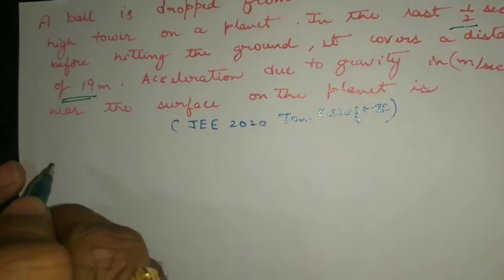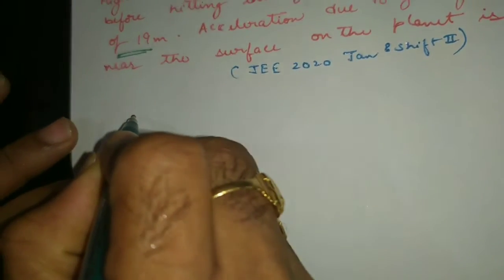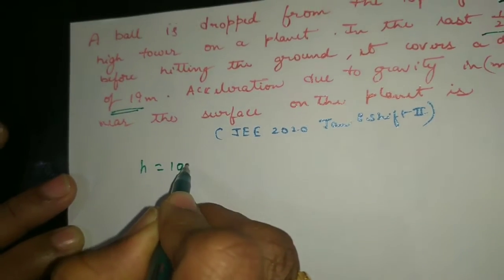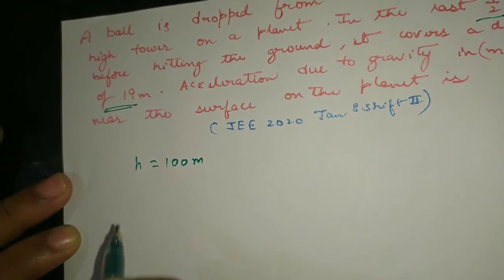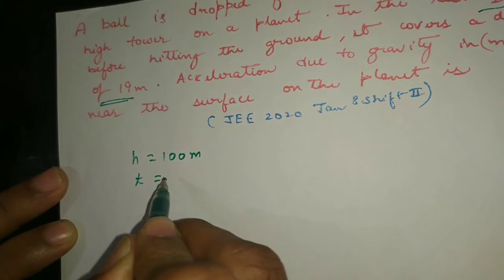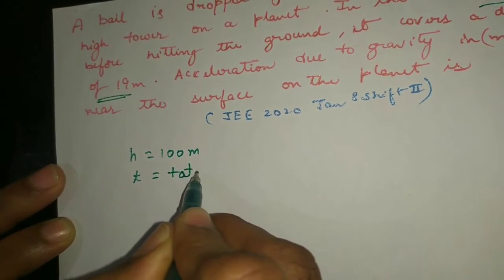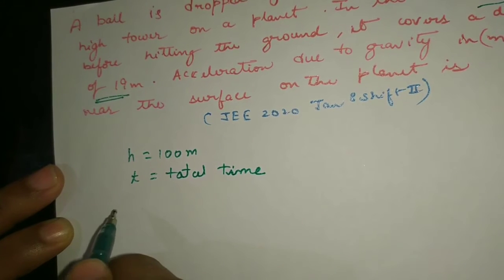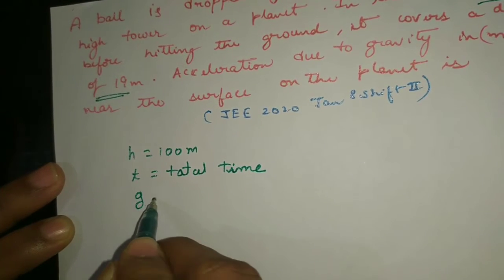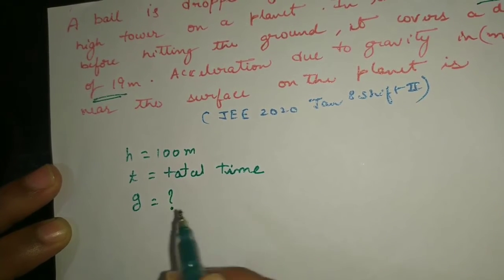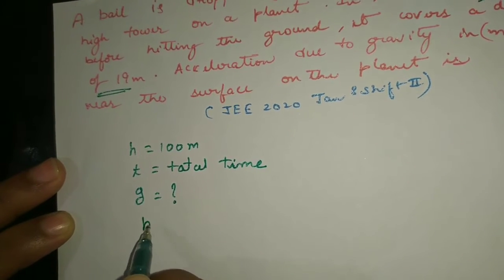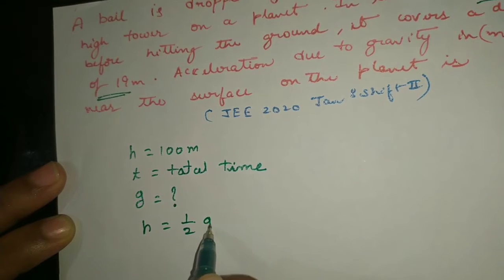Let the body be dropped from a height of 100 meters, so h is equal to 100 meters. Let t be the total time of journey, and let g be the acceleration due to gravity, which is the unknown value we have to determine. For a freely falling body, h is equal to half g t square.